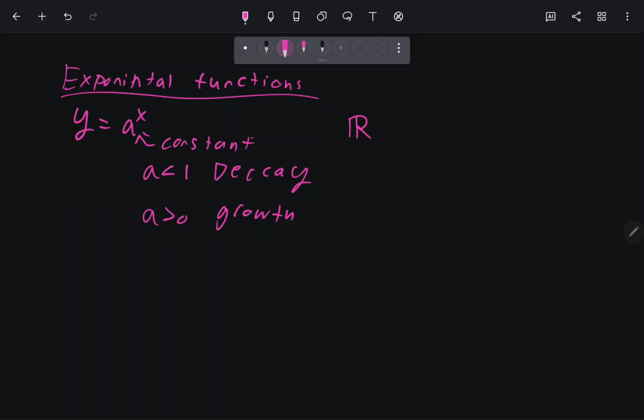So these functions are really useful for modeling things like compound interest, and growth, and population growth, more specifically.